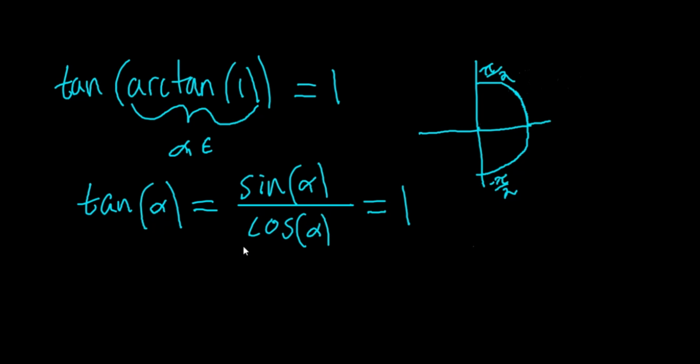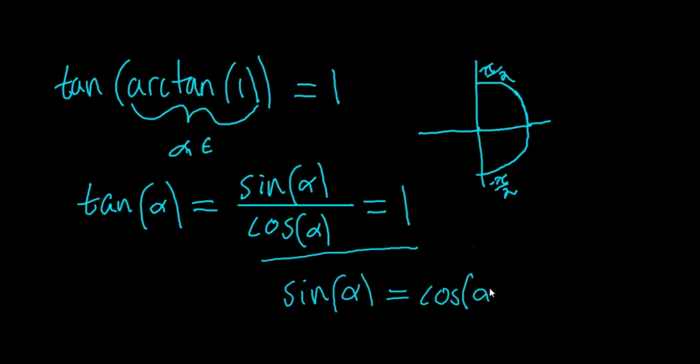Or in other words, if I multiply both sides by cosine of alpha, what angle alpha in between negative pi over 2 and pi over 2 satisfies the property that sine of alpha is equal to cosine of alpha? Pause the video and see if you can determine it.